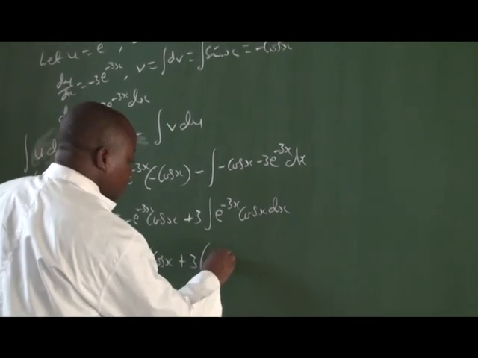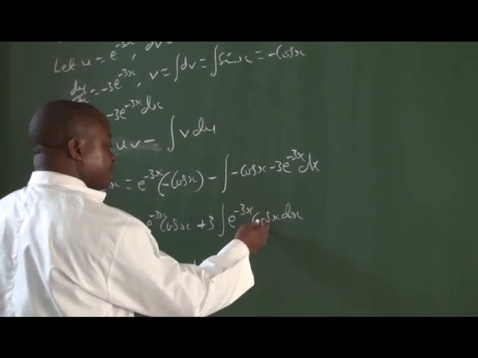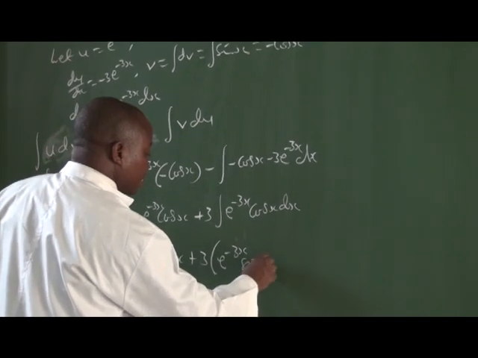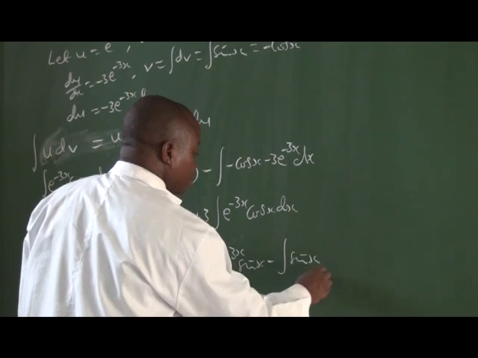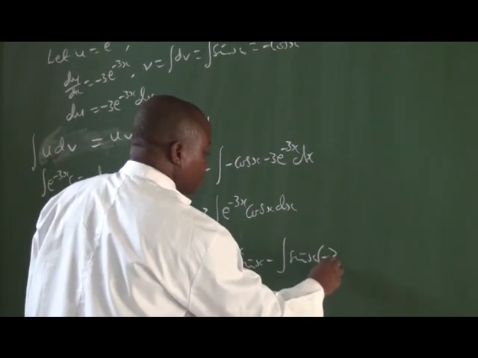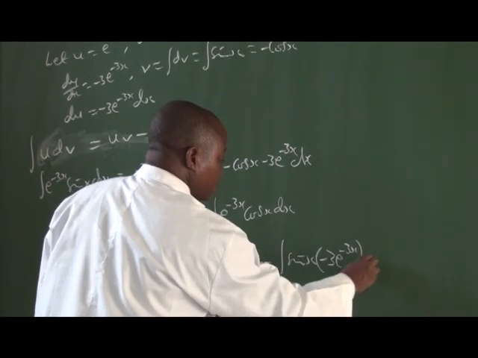u is exponential minus 3x. Now if you integrate cos x, you have sine x. Minus integral of sine x, that is v, du is minus 3 exponential minus 3x dx.